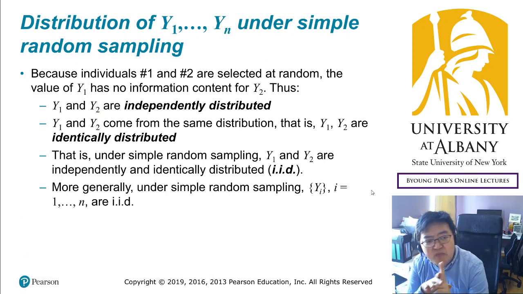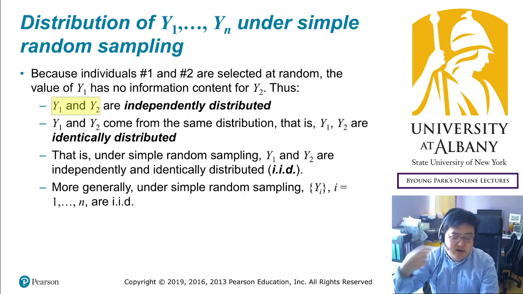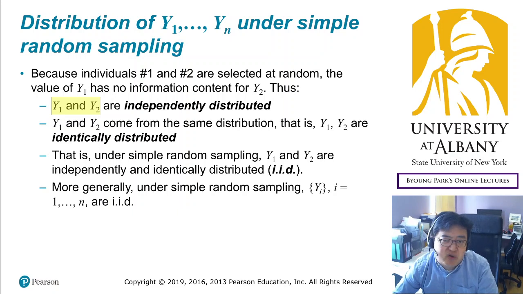And there are two important assumptions for a sample to be random. When we say a random sample, or when we say we are doing random sampling, it means it satisfies two conditions. First, when you randomly choose individuals, the individuals must be independent of each other.